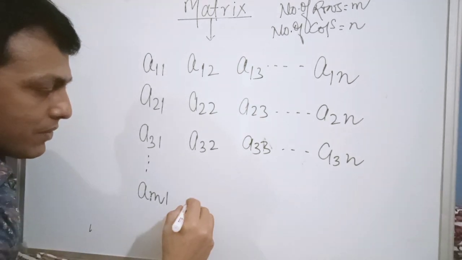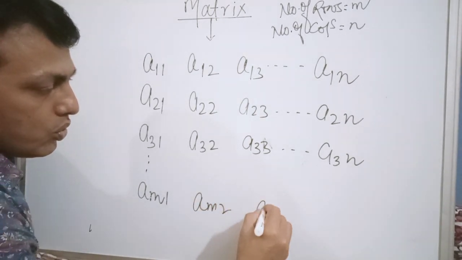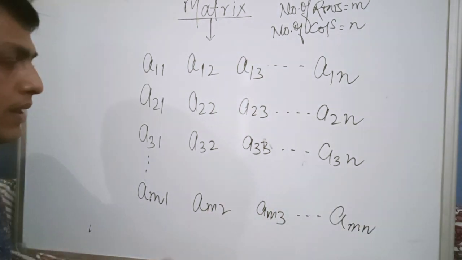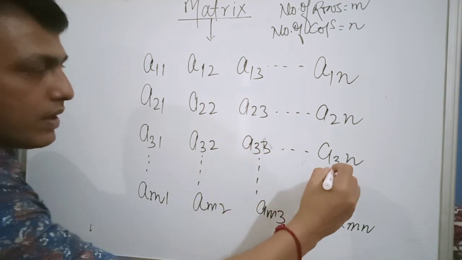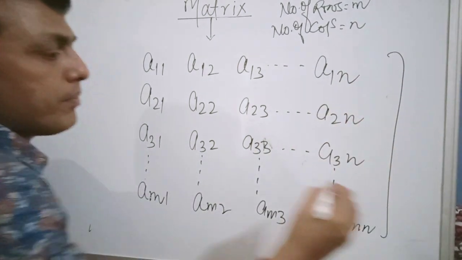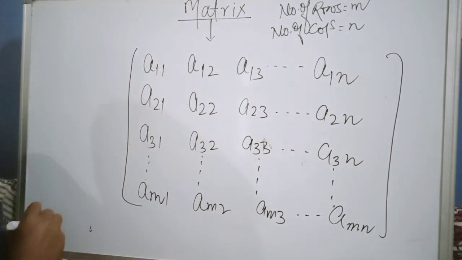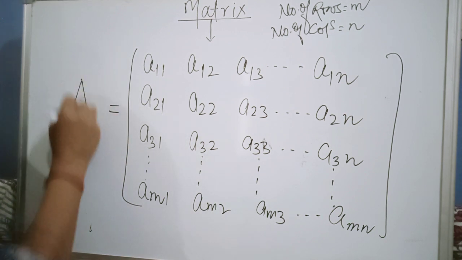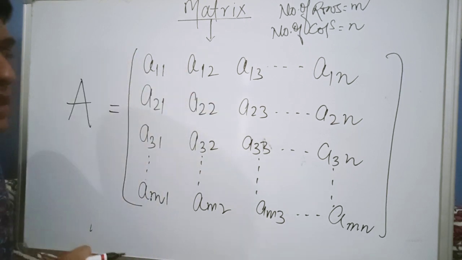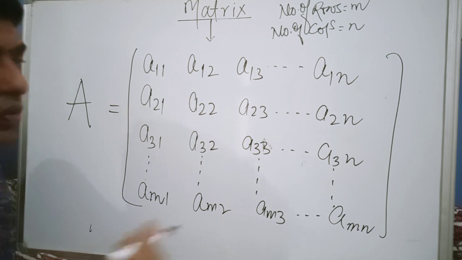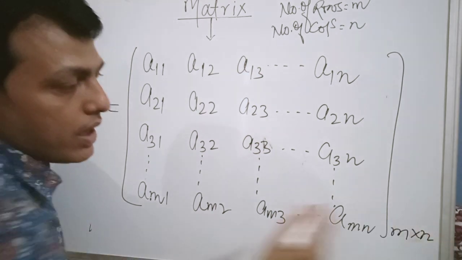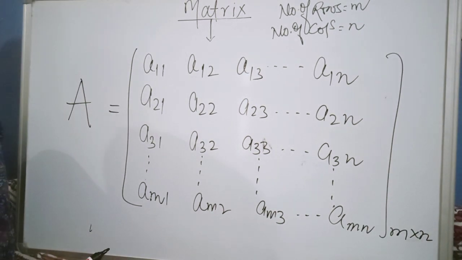You move along with this: m2, m3, and the last is mn. Correct? Enclose them in a square bracket. Give them the name of matrix A. So this is the generalized and the largest matrix. What is the order? Number of rows are m, number of columns are n, so order is m by n.